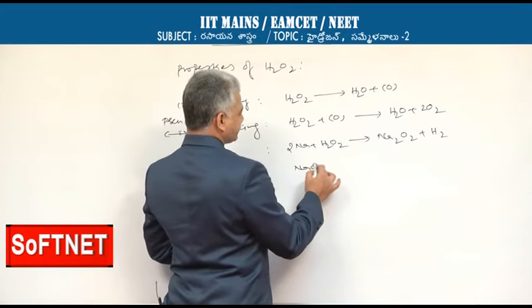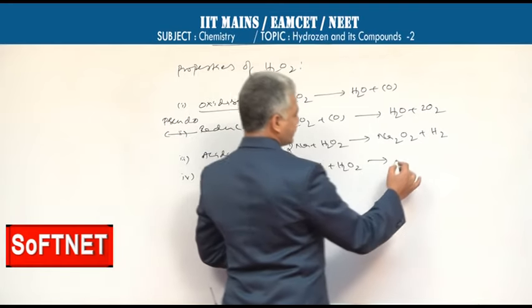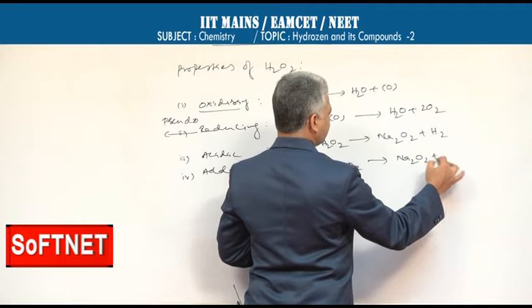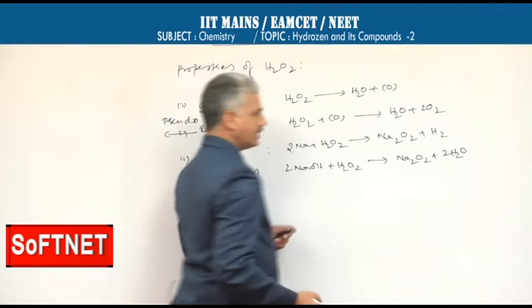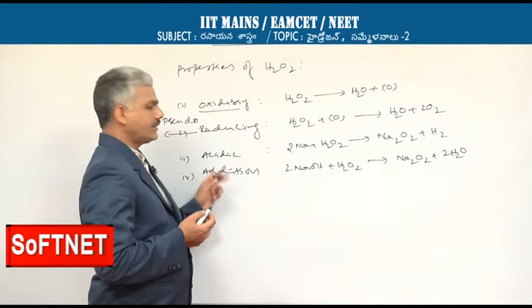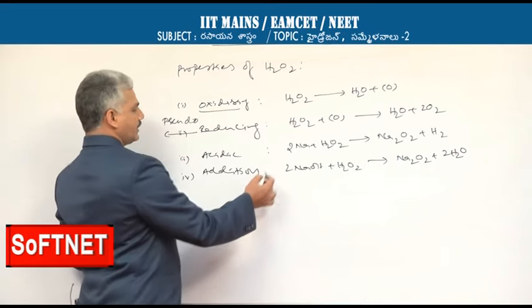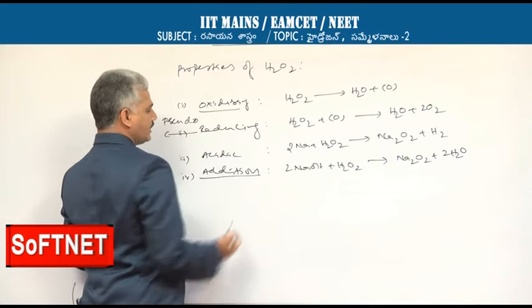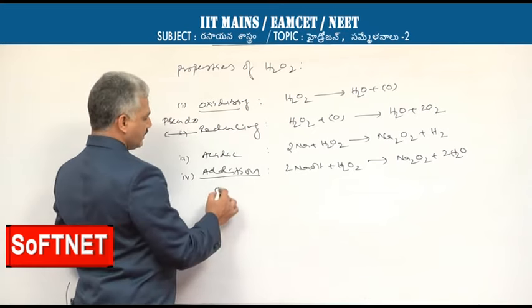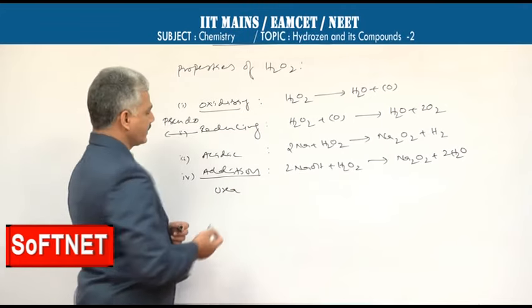For example, hydrogen peroxide reacts with sodium hydroxide to give sodium peroxide and water. Based on these reactions, we can say hydrogen peroxide is slightly acidic in nature. Then, with certain organic compounds like urea, hydrogen peroxide gives addition products.